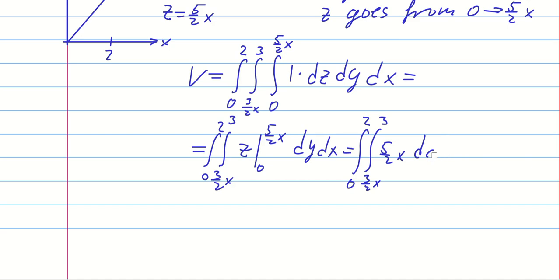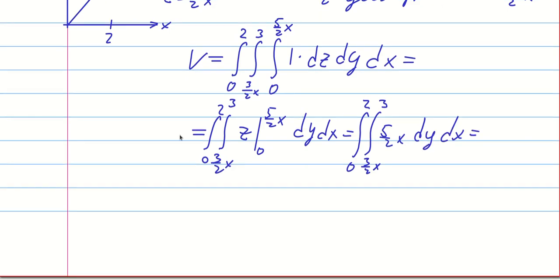Then we integrate with respect to y, so we get the integral from 0 to 2 of 5 over 2 x y, evaluated from 3 over 2 x to 3, dx.